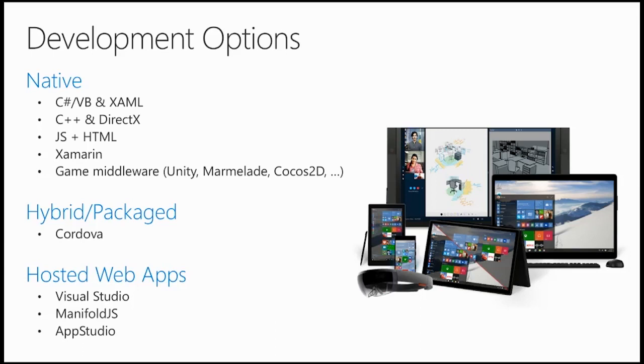So it's actually web technology that you can use. And then of course there are other options for native applications such as Xamarin, or using game middleware such as Unity or any of the other game engines. Unreal Engine's not marked here, but you could do it just as well. So this is the native application story.